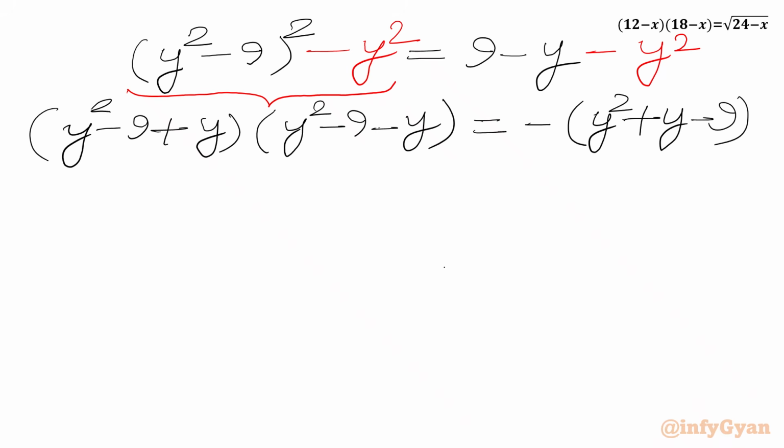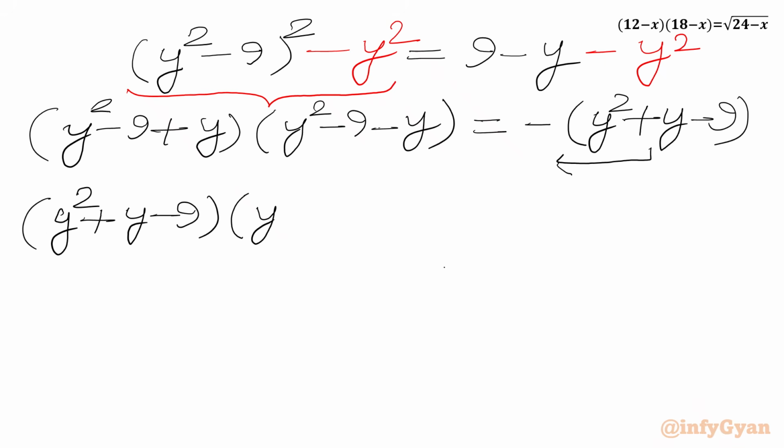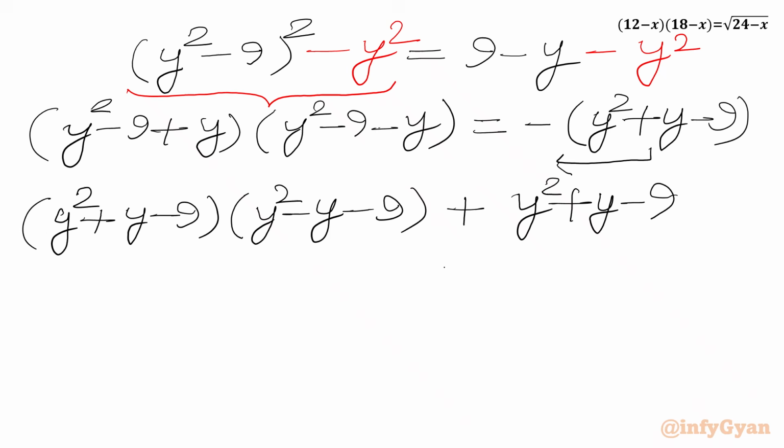Now we'll write all the terms to LHS. So we will write y square plus y minus 9 times y square minus y minus 9 plus y square plus y minus 9 equal to 0.